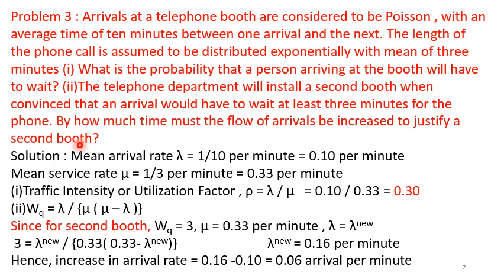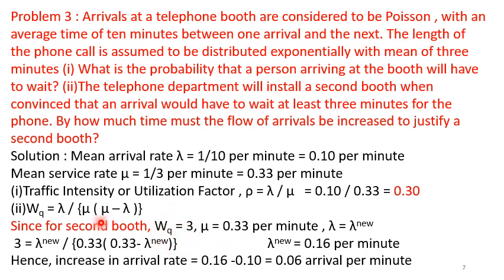For that, the problem gives you a value that WQ, the waiting time in the queue, is equal to 3 minutes. And mu is already 0.33 per minute. So you have to find the new lambda which will satisfy this equation for WQ.